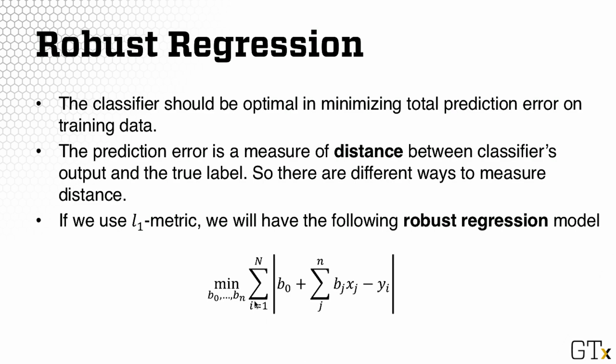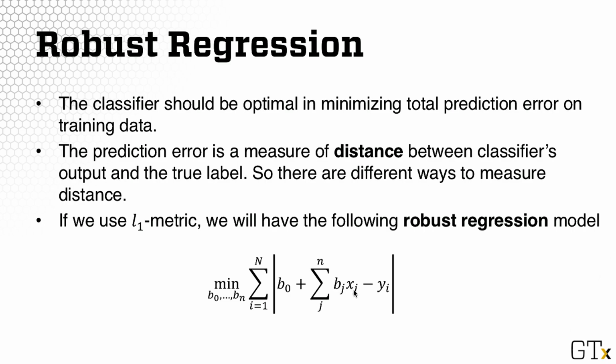So here is the L1 distance. This part, b0 plus the sum, is the linear classification's result, and yi is the doctor's label. So we want to look at the distance between the two for each data point, with the sum over xij.